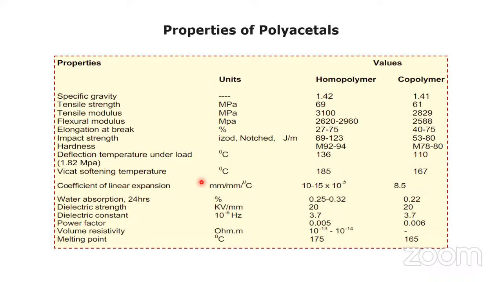You will observe here the difference between your homopolymer and copolymeric systems. Obviously your homopolymer has more crystallinity than your copolymer. Sir, your voice has gone low. Hello. Now, okay. You will observe here the difference between your homopolymer and copolymer systems, the mechanical properties that are there, correct?